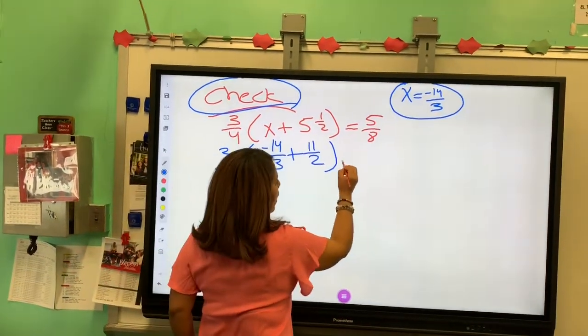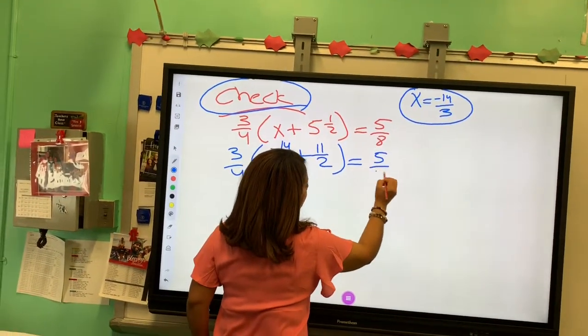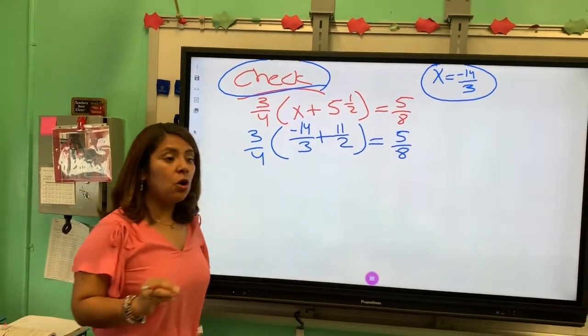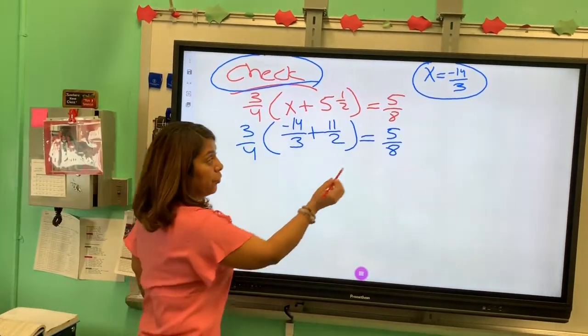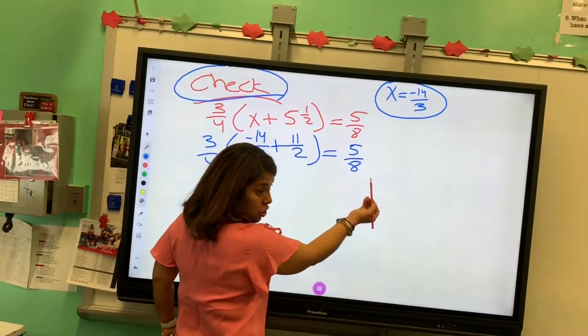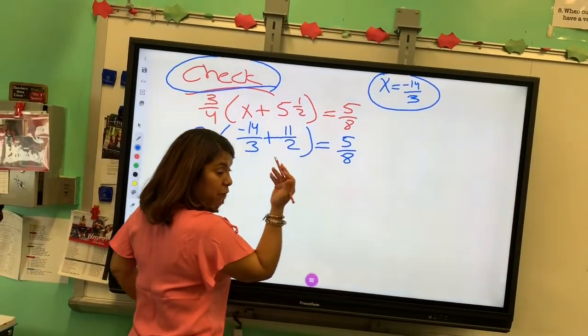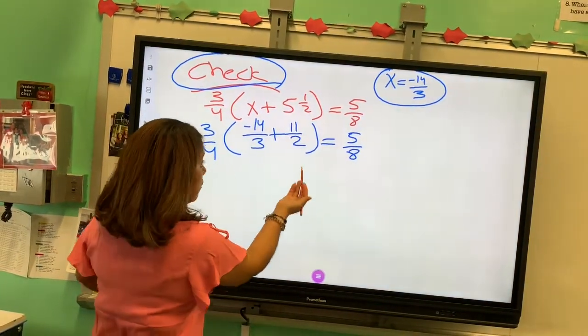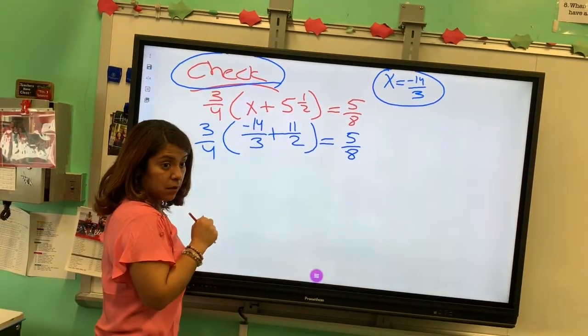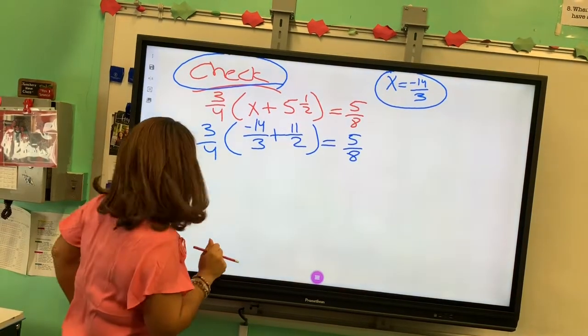And I'm going to have here 5/8. I have to make sure that the left side of my equation is going to be equal to the right side of the equation, which is 5/8. And if I have on both sides the same amount, that means that my equation is correct. Okay, that I have solved the equation correctly.